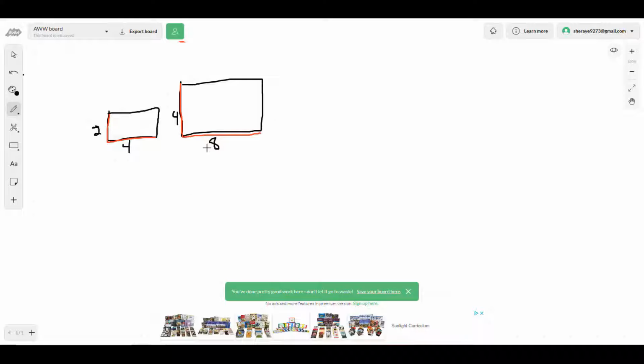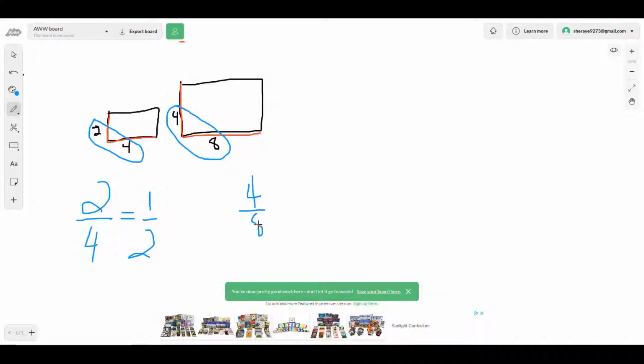Now what they're saying is, notice that the relationship between the same sides of different rectangles, each one of those 2/4 simplifies to a half, and so does 4/8. Okay, notice that. Does that make sense to you?